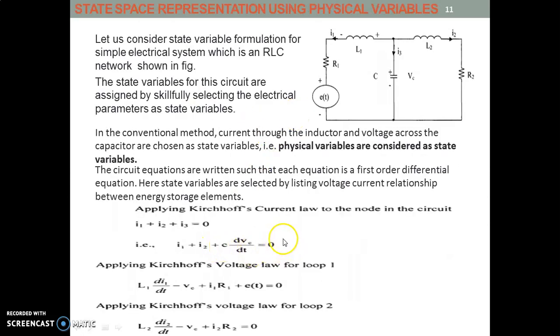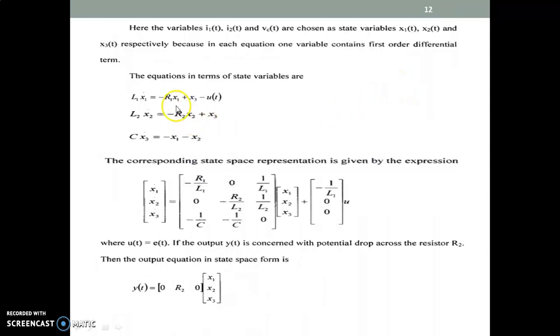Same expression only, just substituting the values. This is the first one, this is second and this is third. I1, I2 and Vc are the third state variable. Now just arranging, substituting these values in the above expressions, you will get these three expressions.